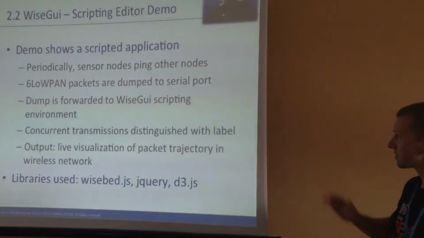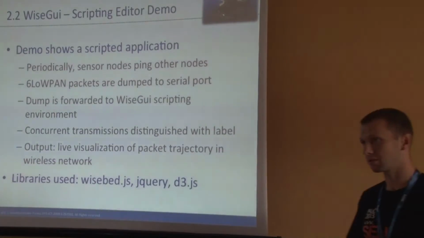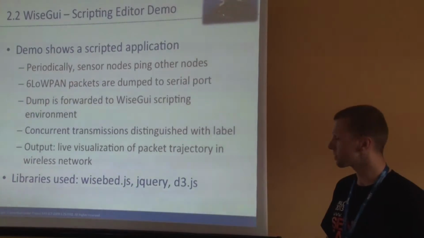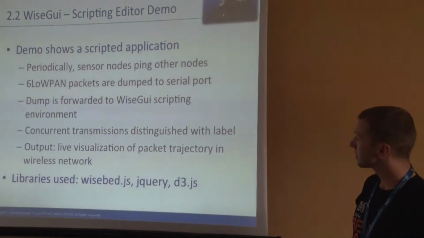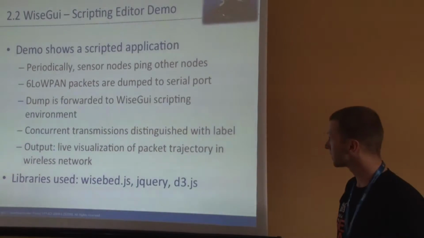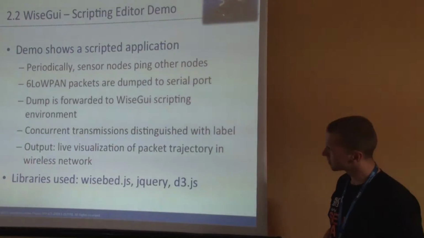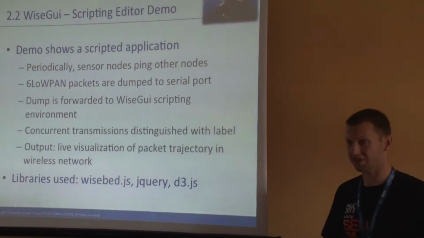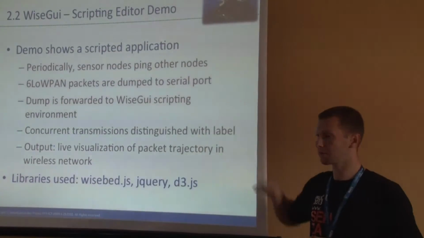So we just sat down for something like an afternoon and tried to implement a visualization using that scripting editor. And in that application, the sensor nodes periodically sent an IPv6 ping to other nodes in the testbeds. Then we instrumented the nodes to dump these received packets to the serial port, which is then forwarded to the scripting environment.